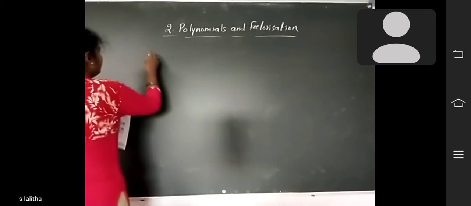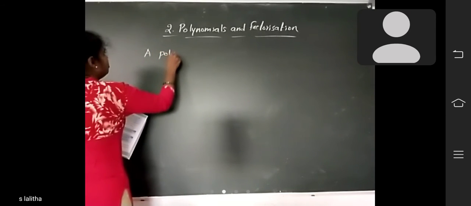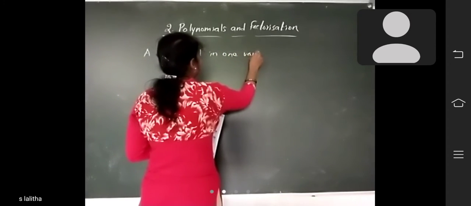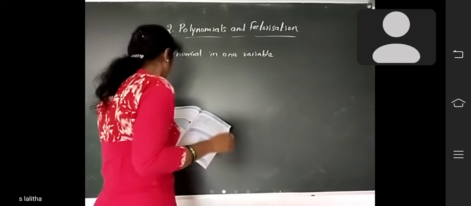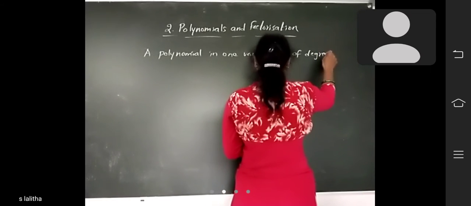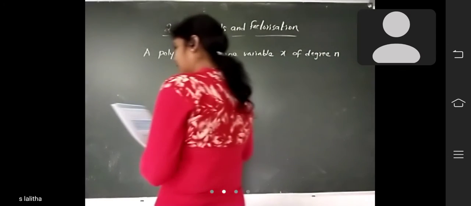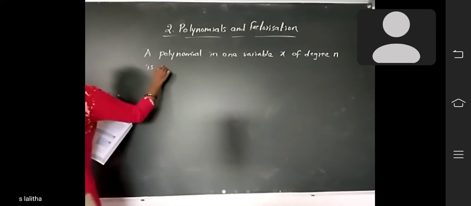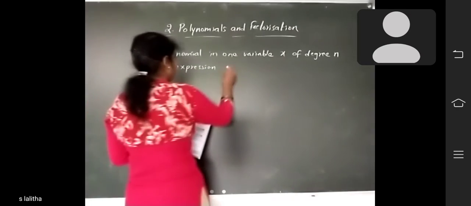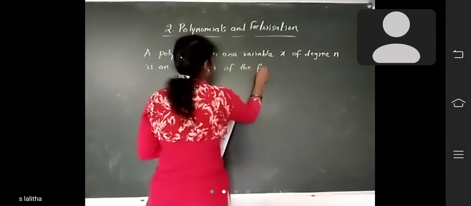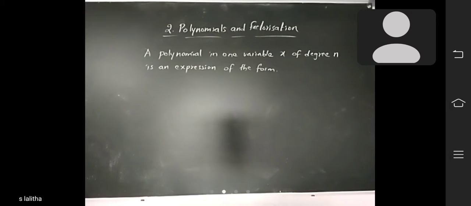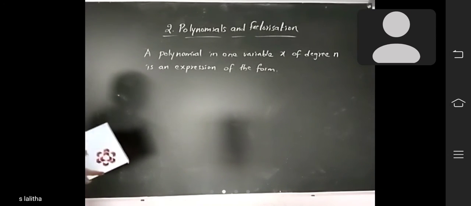A polynomial in one variable x of degree n is an expression of the form.